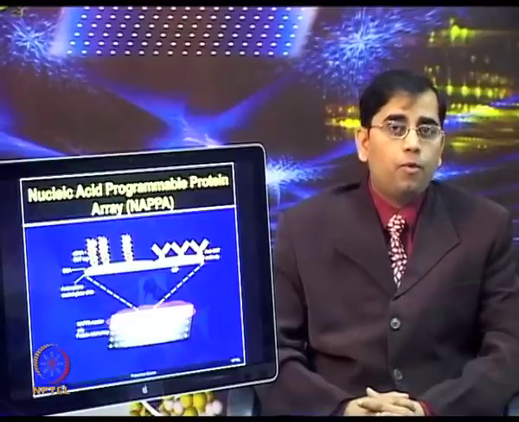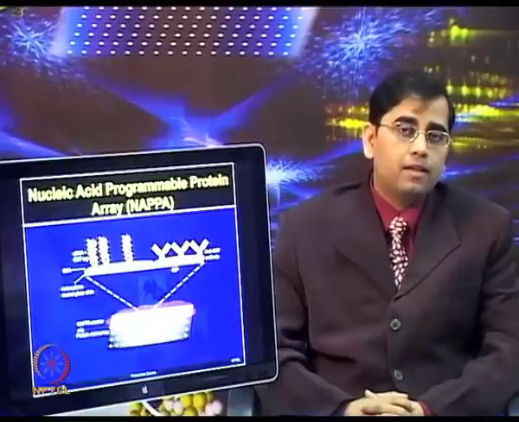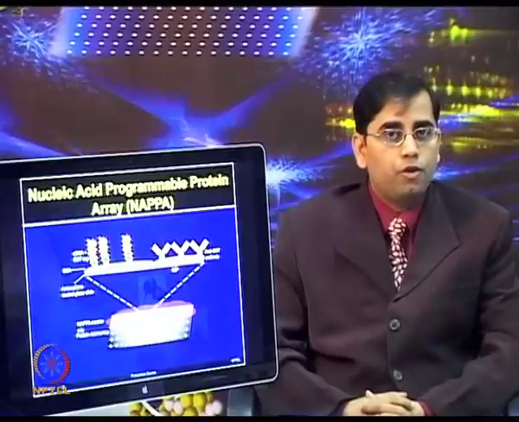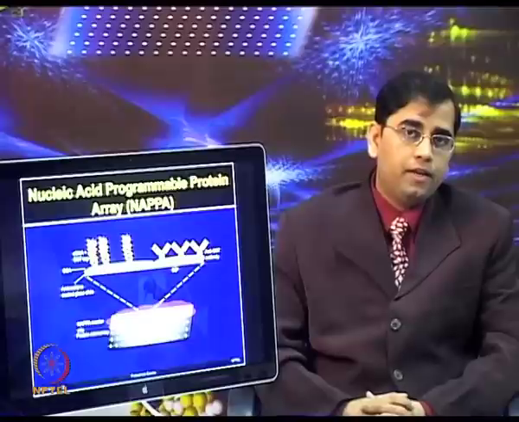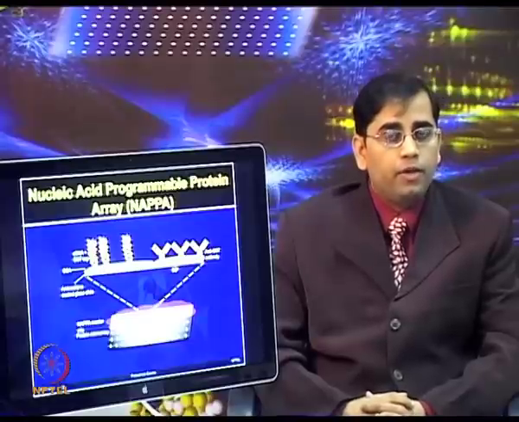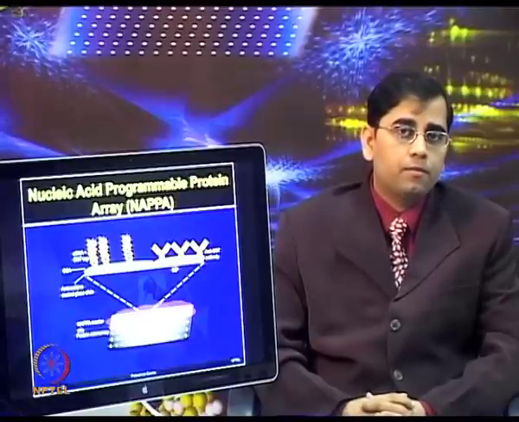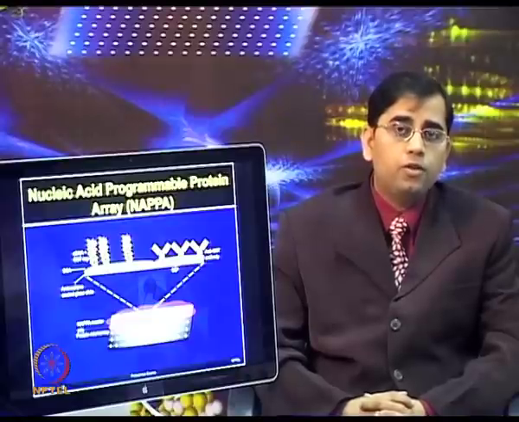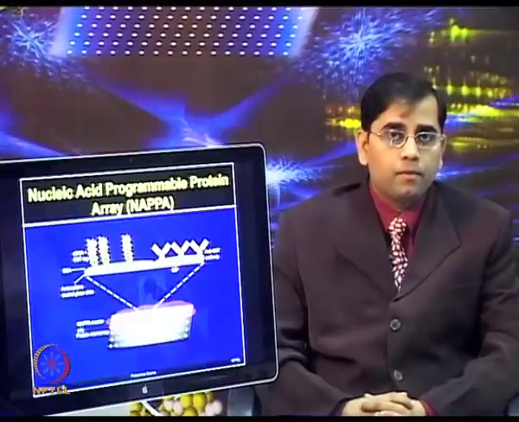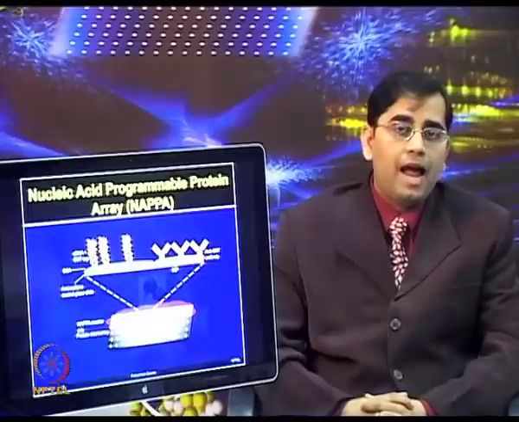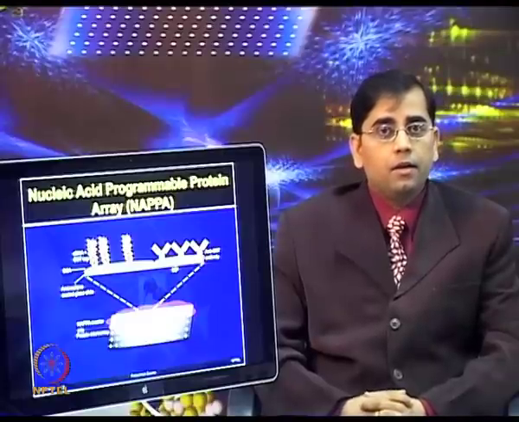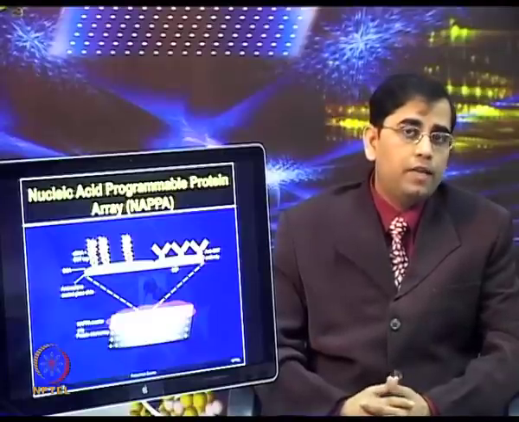So, once the master mix, which contains the mixture of BSA, BS3, capture antibodies and the cDNA of interest, is printed on the chip surface, the next requirement is the activation of this by adding cell-free expression system.